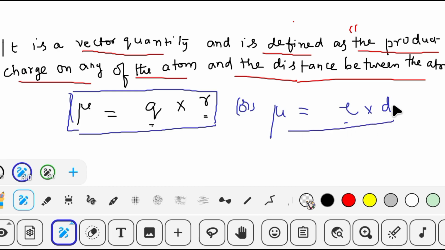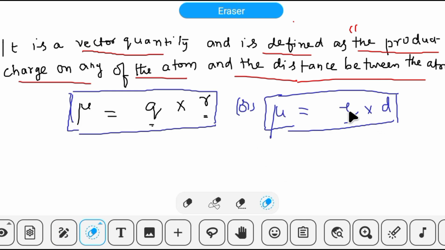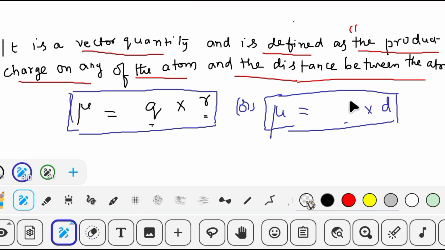E is nothing but charge, and D is nothing but distance. Sometimes that charge is given in terms of delta. Both are the same only, so don't worry about the formula. Whether you write mu is equal to q into r, or mu is equal to delta into d, both are the same.